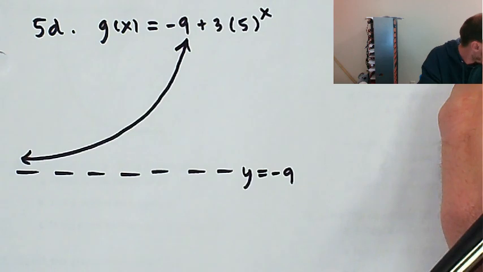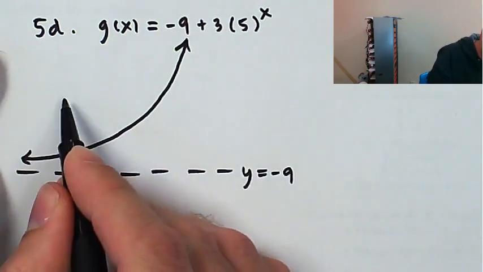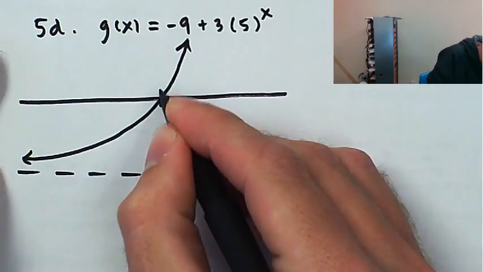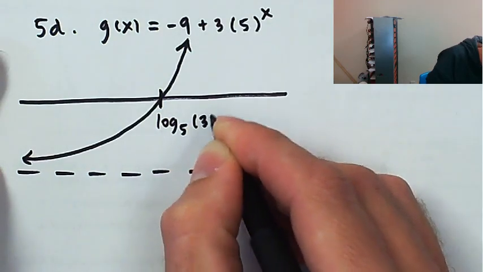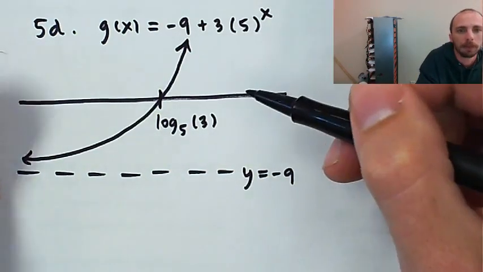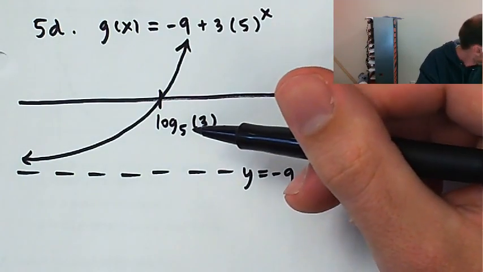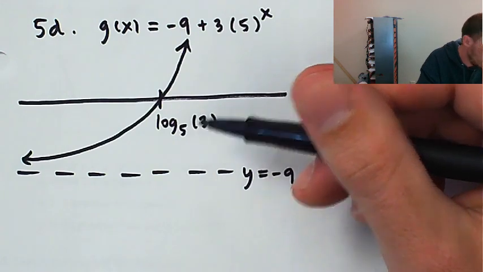Let's see, what was the x-intercept of this thing? Log base 5 of 3. I don't know, that didn't mean anything to me. So I'll just draw that about here, and I'll be sure to mark that: log base 5 of 3. But that is going to be bigger than 0.